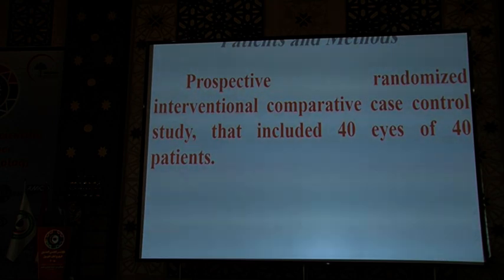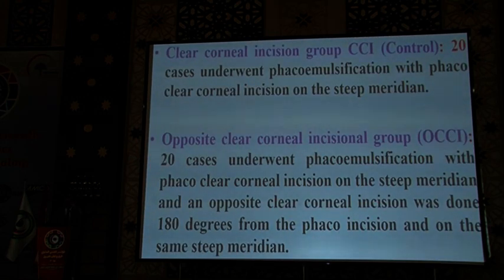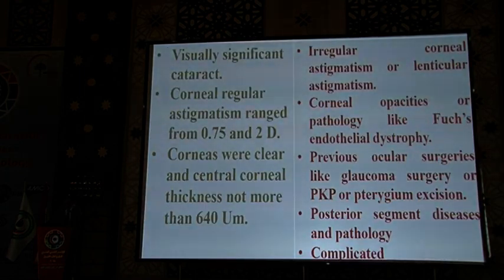This is a prospective, randomized, interventional, comparative case control study, including 40 eyes of 40 patients, one eye from each patient. We divided our sample into two groups, one for control, with the phaco incision, and the other 20 patients with two incisions, the usual one and the opposite incision.